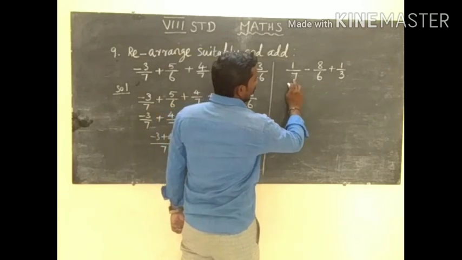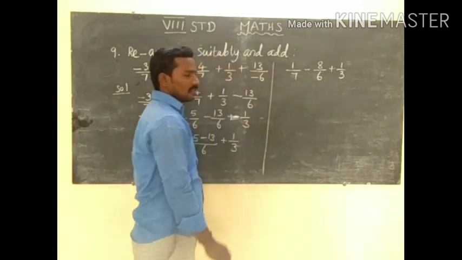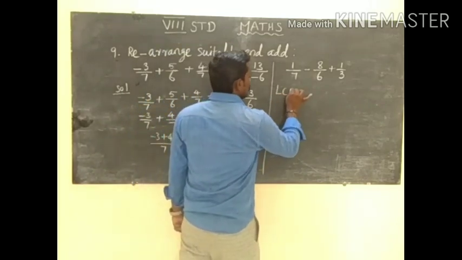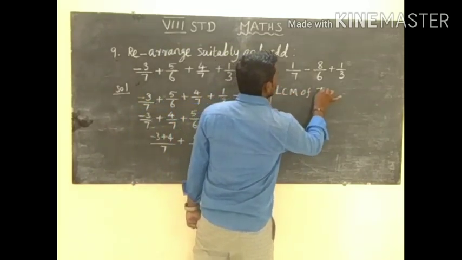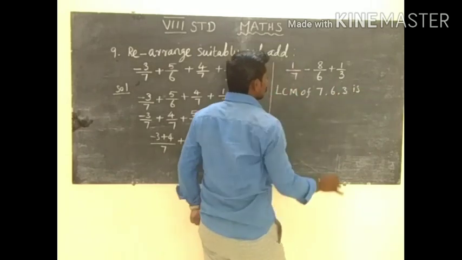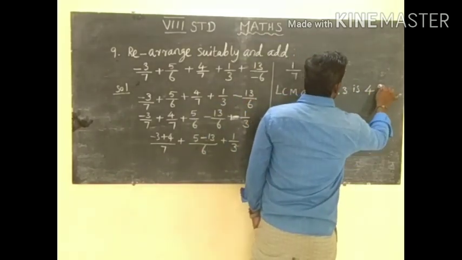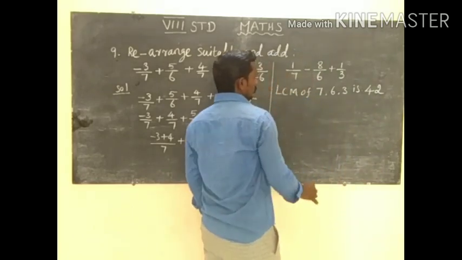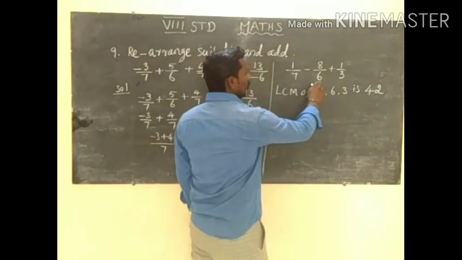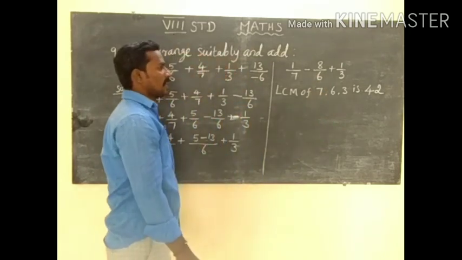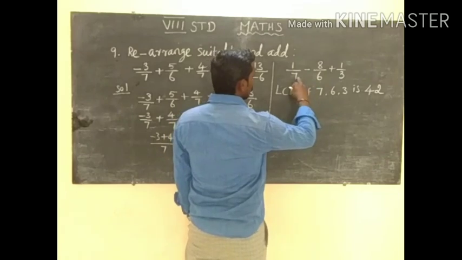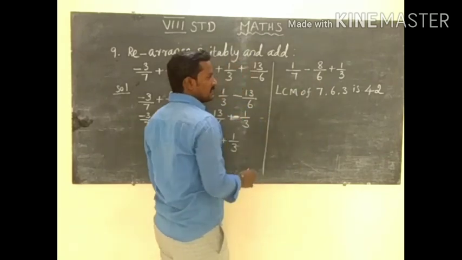Next, compare all the denominators. All are different, so find the LCM. The LCM of 7, 6, 3 is 42. Because 7 is a prime number and 6 is the composite number, directly multiplying 7 and 6 gives 42, and we get the LCM.